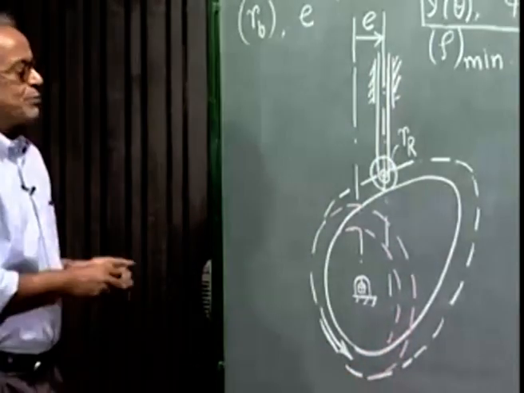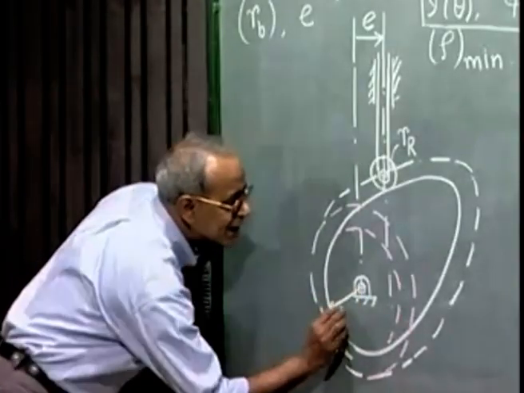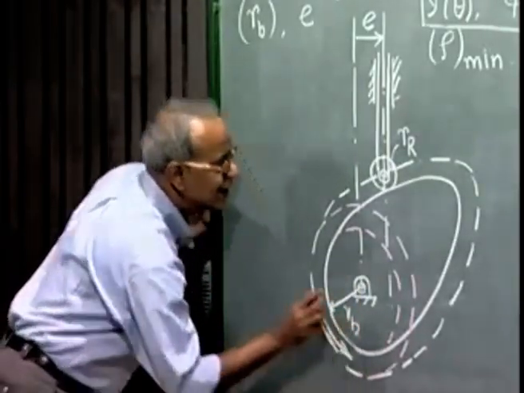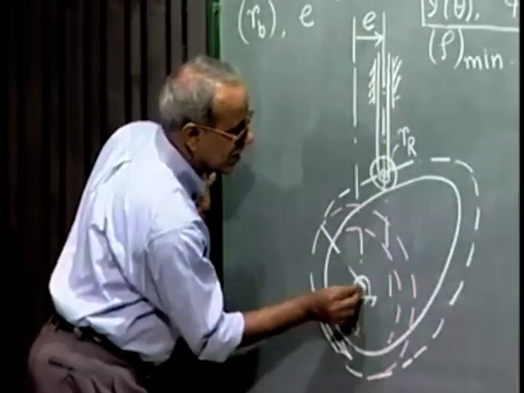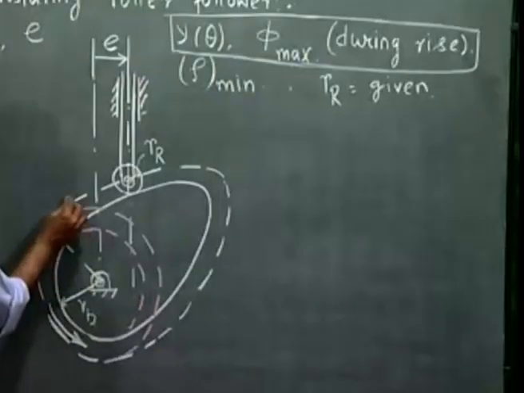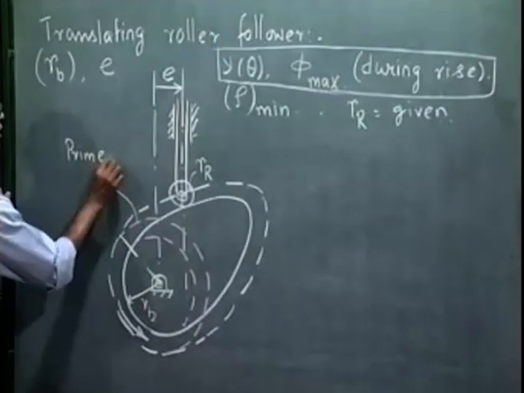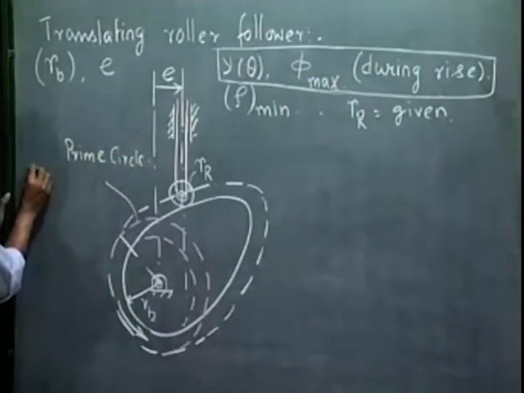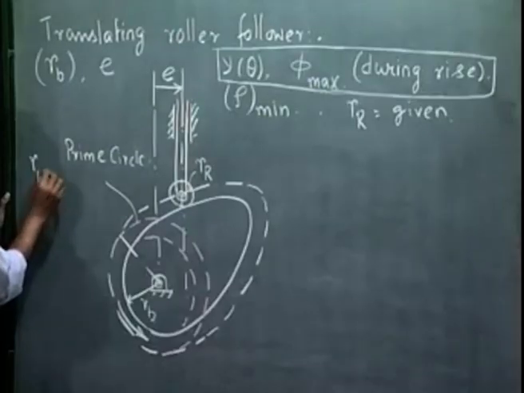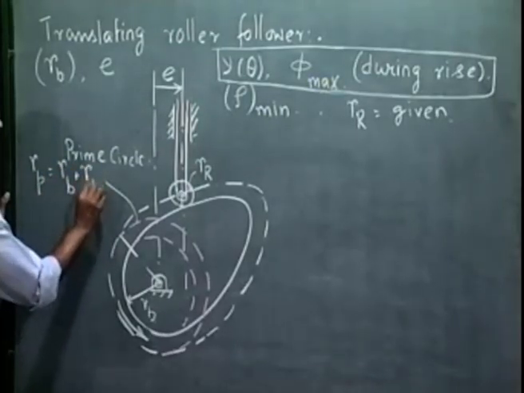This is the prime circle. This is the base circle, radius RB, and this is the prime circle, whose radius RP is RB plus RR.